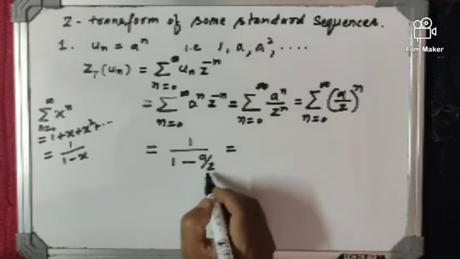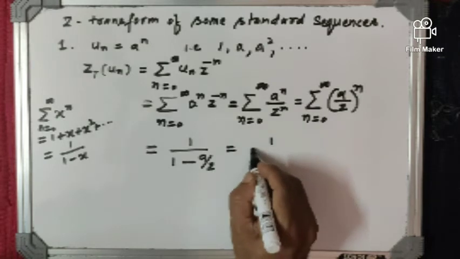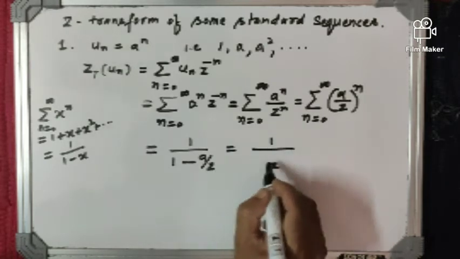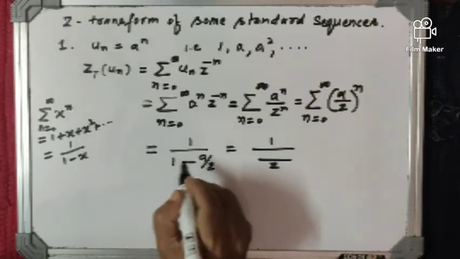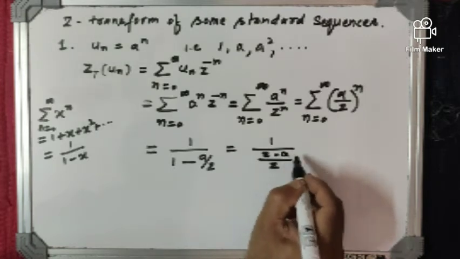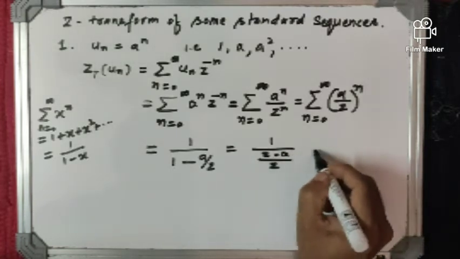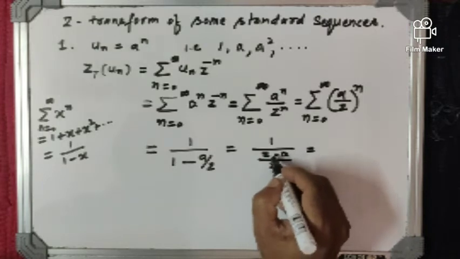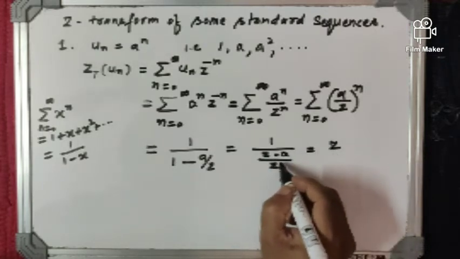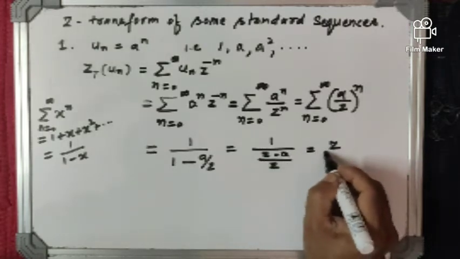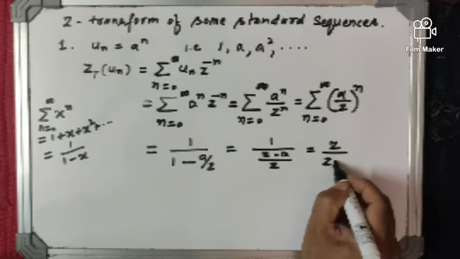Now if you take the LCM, this becomes 1 divided by z minus a by z, z being the LCM. Now if you take it to the numerator, take the reciprocal and write it in the numerator. What is the reciprocal of z minus a by z? Z by z minus a.